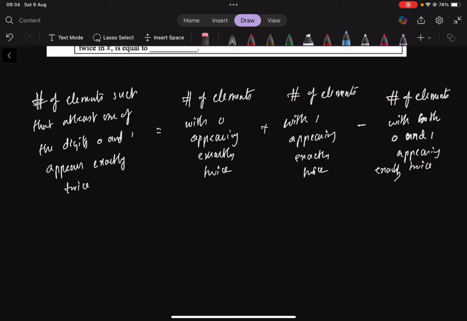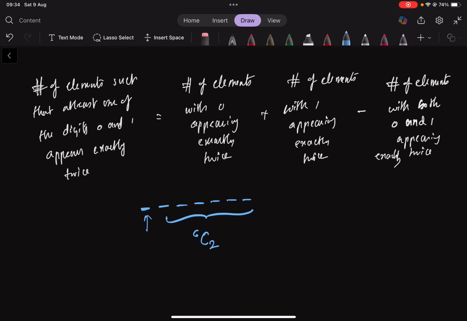So if we consider the first one, we need to find the number of elements with 0 appearing exactly twice. If we consider a 7-digit number, obviously our first digit can't be 0. So out of the 6 places, we need to choose 2 places where we can keep 0. That is 6C2.